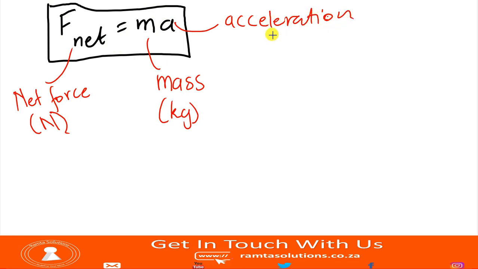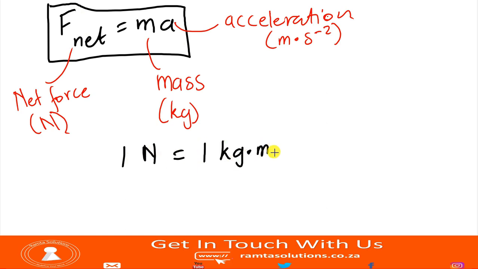So this is acceleration, which is measured in meters per second squared. From this, we know 1 Newton is equal to 1 kilogram meter per second squared.